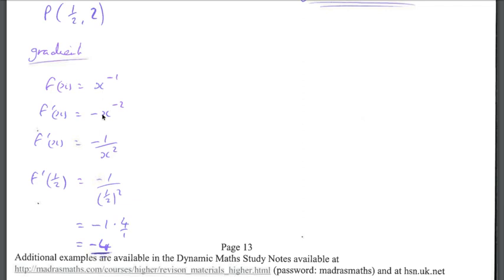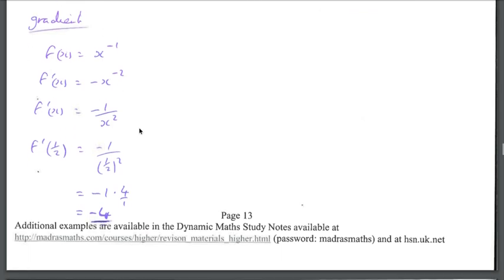If you're trying to evaluate -(1/2) to the power -2 without a calculator, not everybody, but quite a few of you would probably think, not quite sure what to do. I mean, you'd have a guess, you'd have a go at doing something, but the error-proof way of doing it is to rewrite it as -1 over x squared and then substitute in the 1/2, so -1 over half squared.